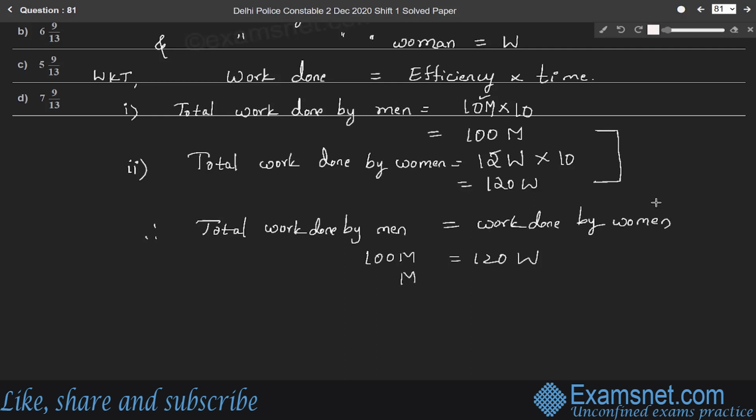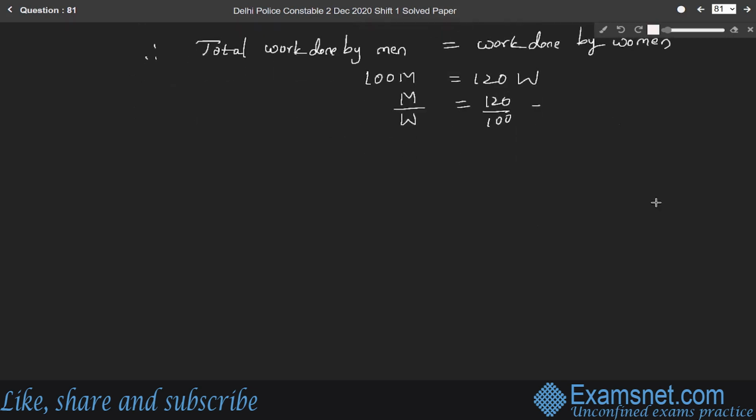Therefore, the ratio of efficiency m to w is 120 by 100, which is 6 by 5, or m is to w is equal to 6 is to 5. This means men are more efficient than women.